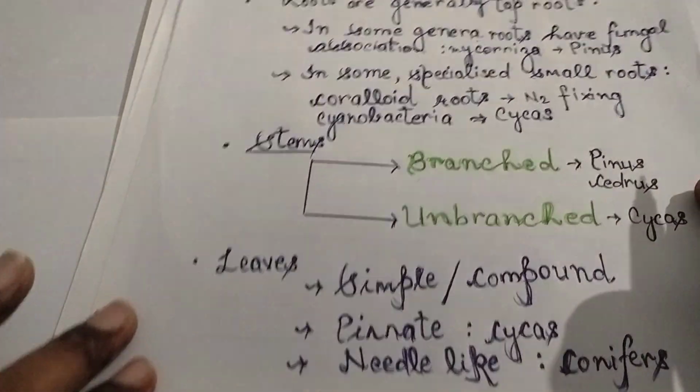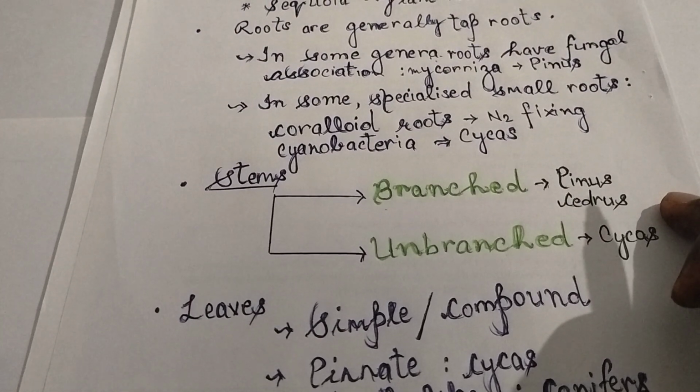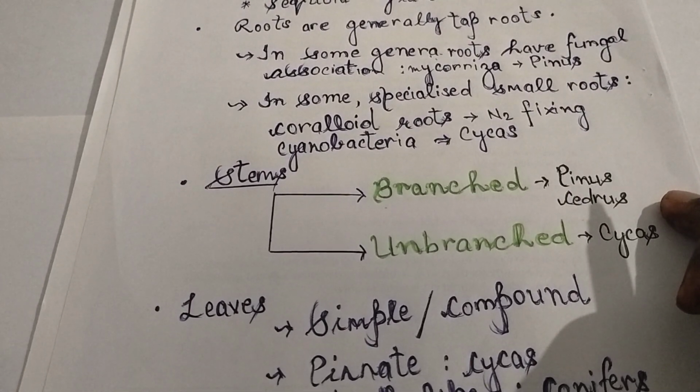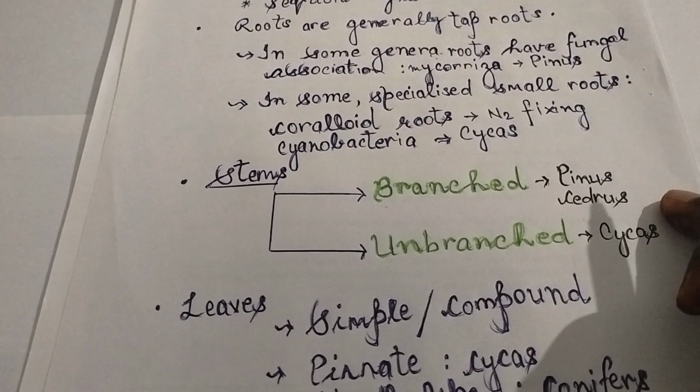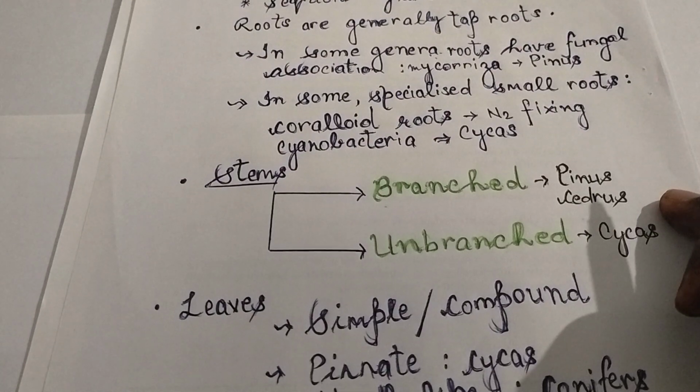So in conifers, needle-like leaves are present. And what is the advantage? They reduce the surface area. From the surface of the leaves evaporation takes place, water loss takes place.